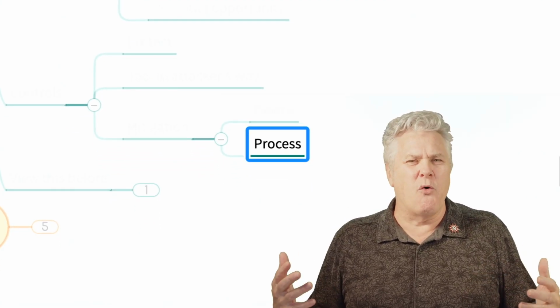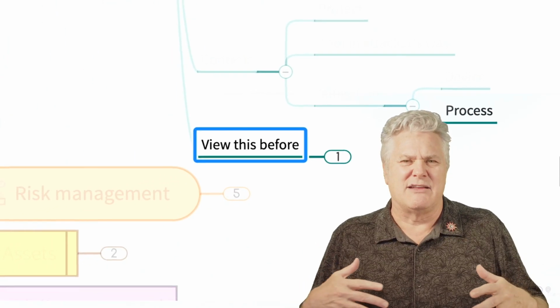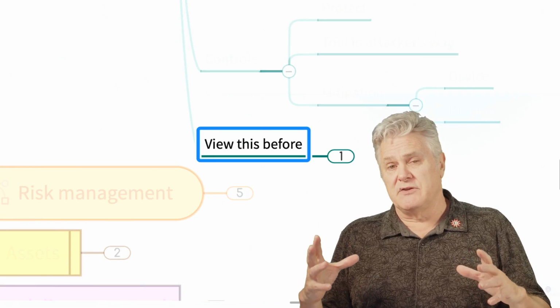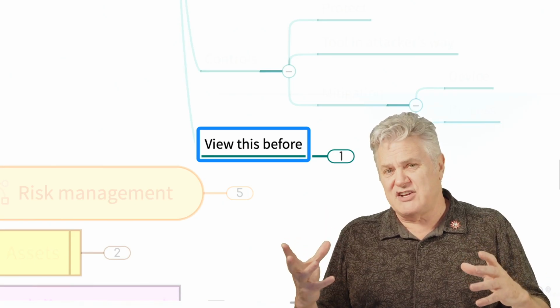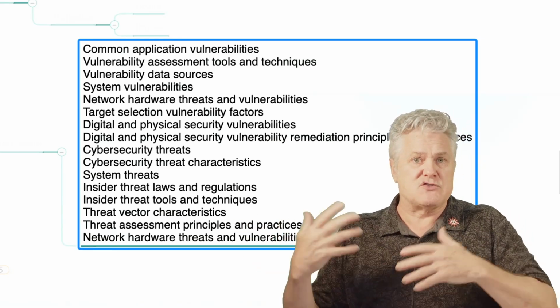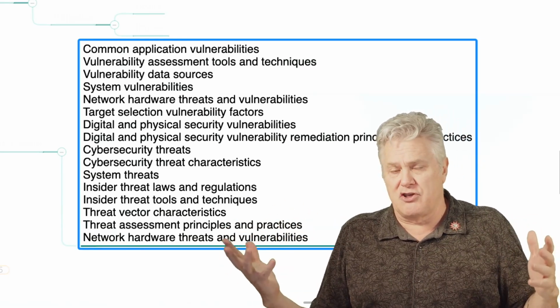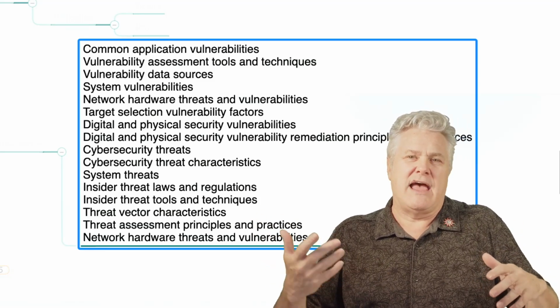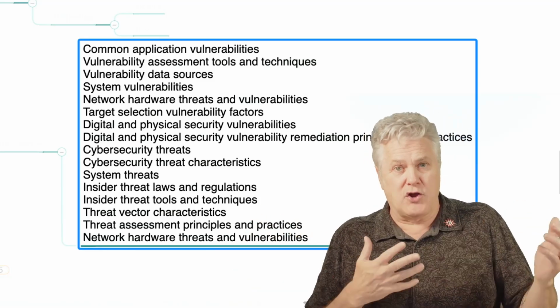Now, why did I go over all of this stuff? Why did I do these basic definitions here? Well, there's a series of vulnerability and threat presentations that I'm offering to you, and it's this big, huge list here. Now, this one's free. Everybody gets to see this all the way through. Most of the time at this point, I would say, go ahead and for the entire video, go to our website.